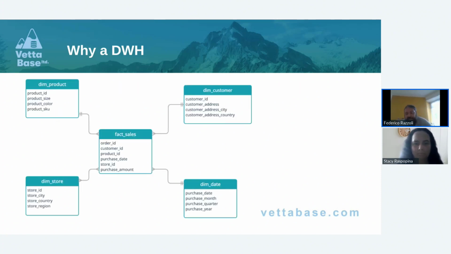Well, actually, I can start to show it now, because what you can see here in this slide is the typical data structure used in a data warehouse. It's called a star schema because, well, I hope you can see my cursor. Anyway, you can see a central table, which is the center of the star, and it's called a fact table. And then you can have multiple tables which are the points of the star, and they are the dimensions, right?